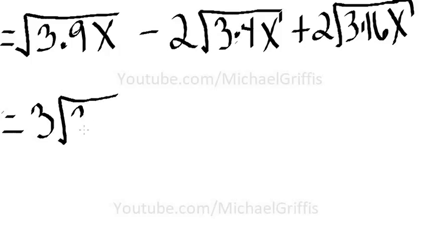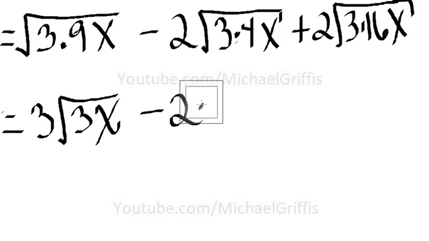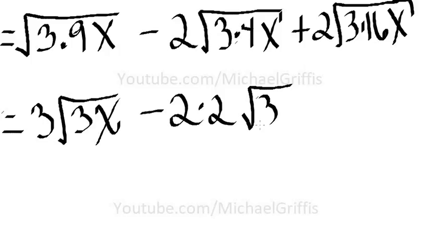But what we're left with that won't break down anymore is the 3x. Okay. In the next one, we know the square root of 4 inside that radical is 2. So let's just go ahead and bring that out. And we're left with 3x inside.